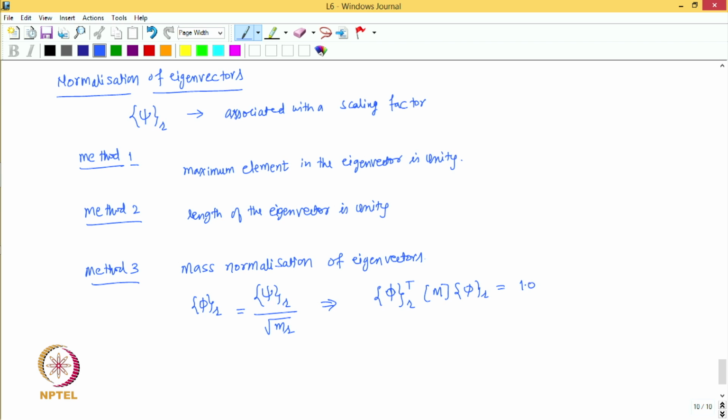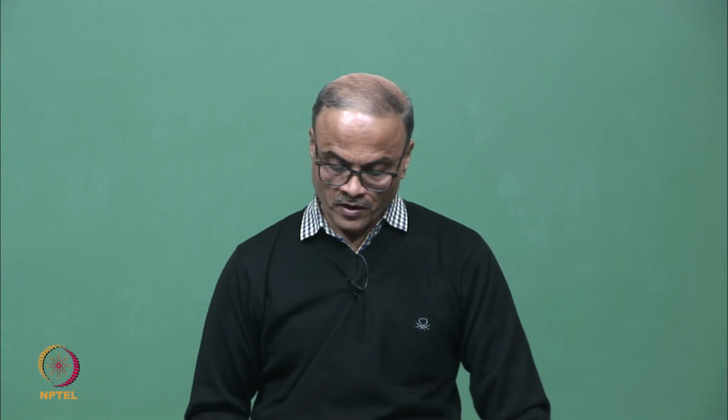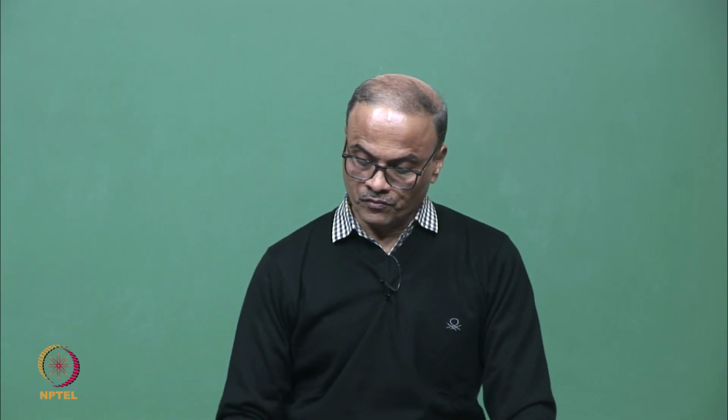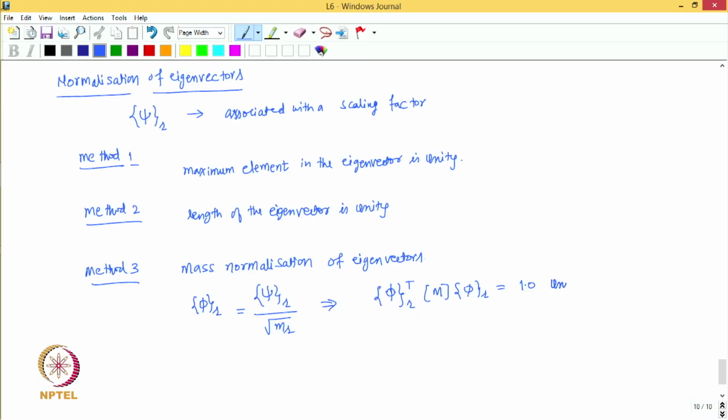This can be easily verified by replacing phi r with psi r upon square root of m r, and then using the orthogonality property result for psi r. So, an eigenvector when it is mass normalized will have a unit modal mass, and that is the idea behind mass normalized eigenvectors, and therefore, phi r is also referred to as a mass normalized eigenvector.